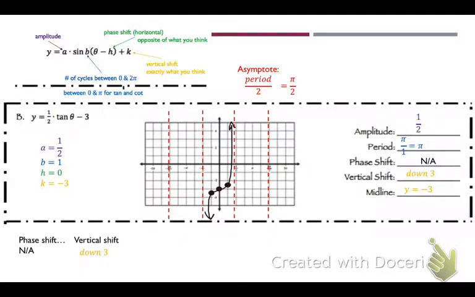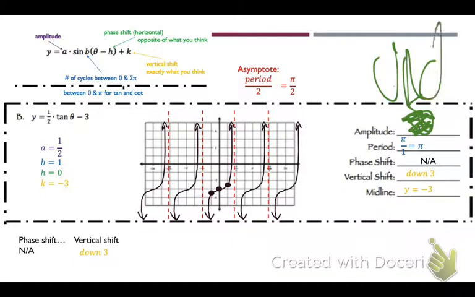We can just connect those and draw that graph. Then that repeats there, and there, and there, and there. And it continues to repeat throughout this whole thing. Okay, so again, the amplitude is undefined. Okay, sorry about that.